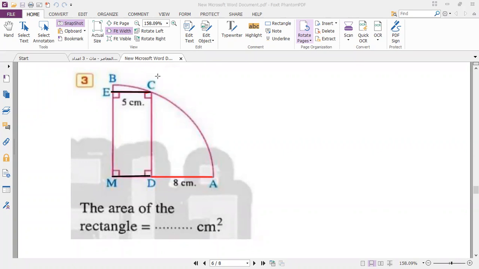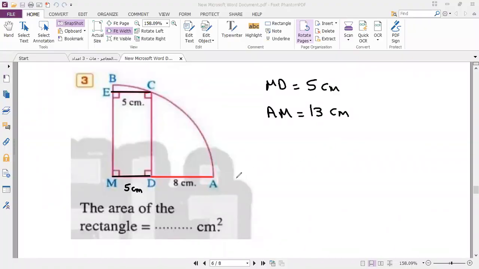They are equal in length. So what is the length of MD? MD equals 5 centimeters, and AM equals 5 plus 8 equals 13 centimeters.